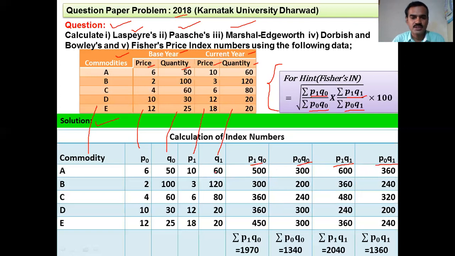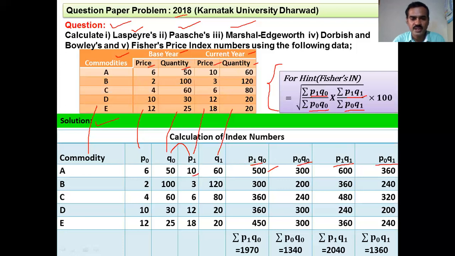The first item is P1 Q naught, that is P1 into Q naught.